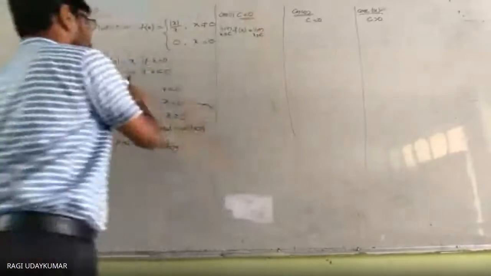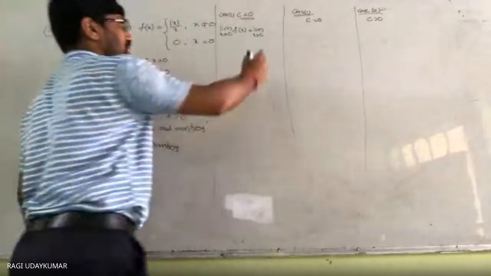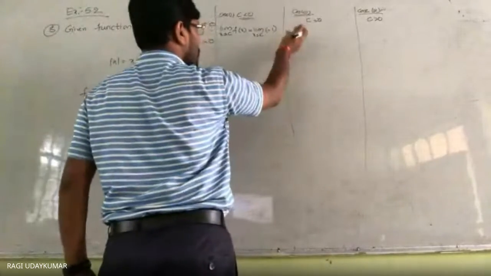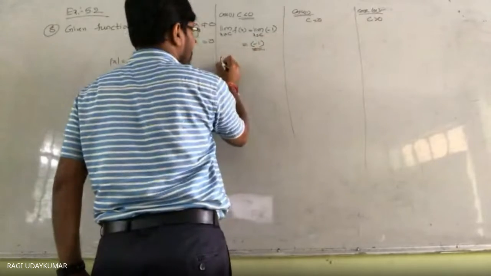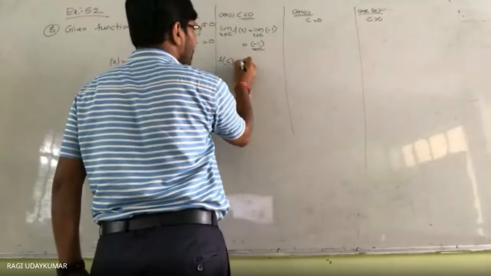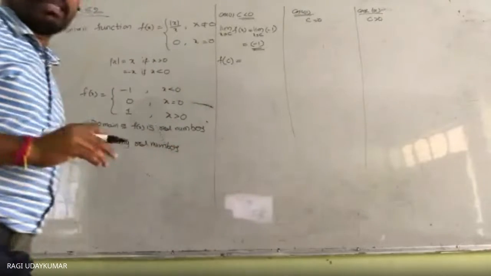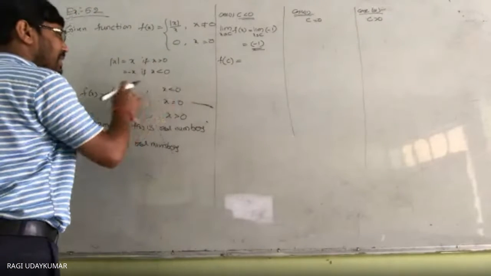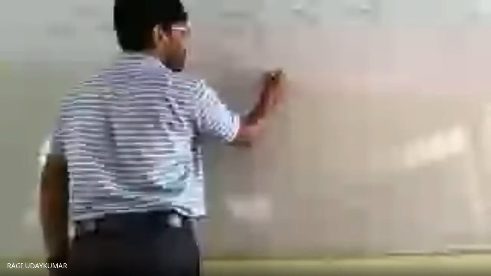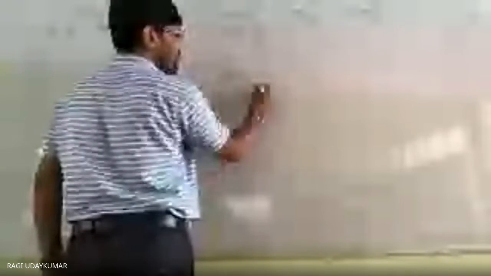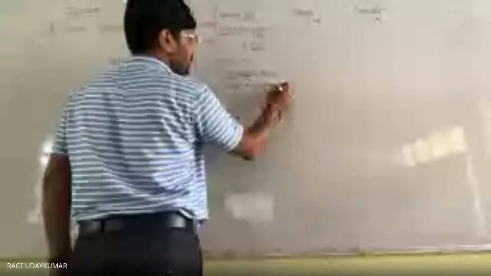When x is less than 0, the function is minus 1. So directly you can write minus 1. So limit x tends to c of minus 1, it is a constant, we are going to get minus 1. Then f of c value? c less than 0 means it is equal to minus 1. So here also we are going to get minus 1. So since limit x tends to c of f of x is equal to f of c, therefore f of x is continuous.